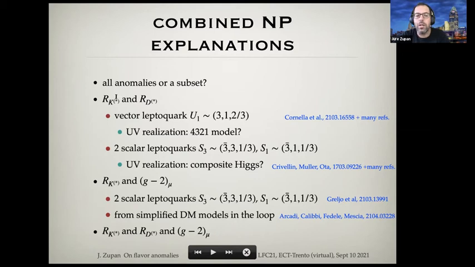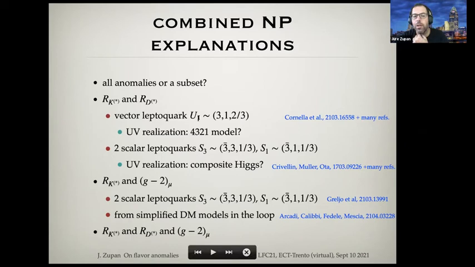So let's say if RK star and RD star are both found to be statistically significant, then, since these anomalies were around for a long time, there were quite a few analyses done.